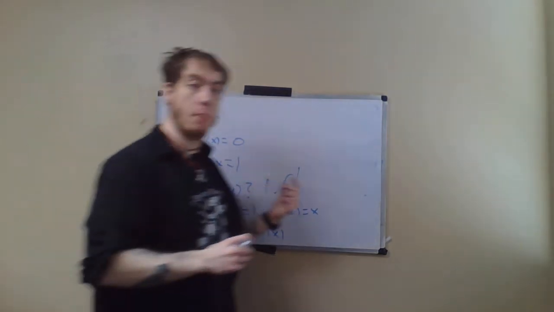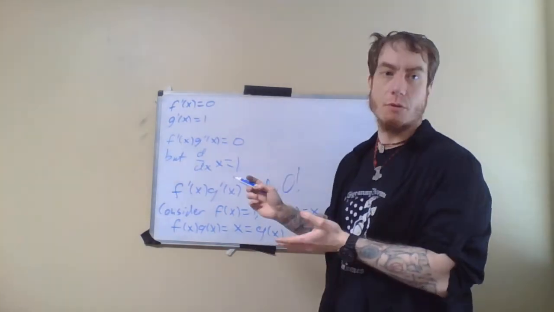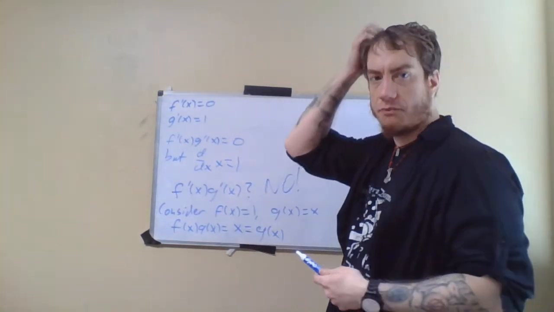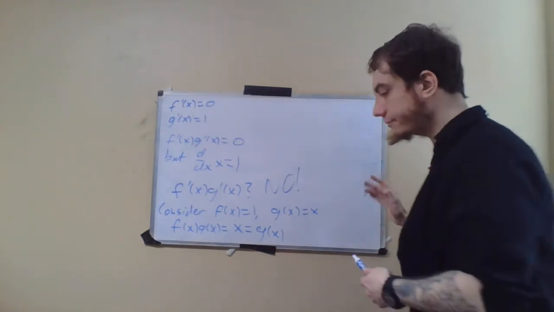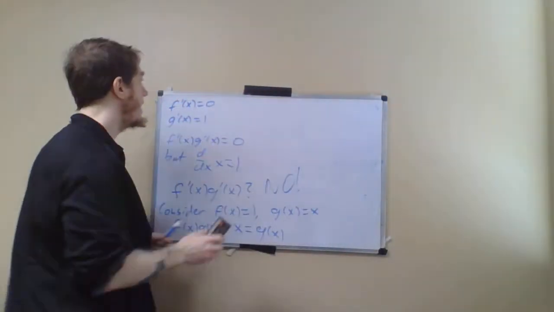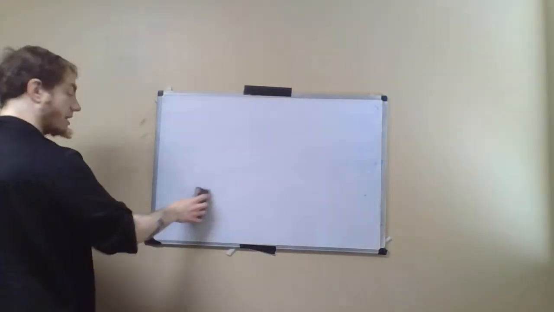So this is clearly not correct. This would give us the wrong answer if we try to apply it in this case, and therefore this rule cannot be true in general. So this is incorrect.